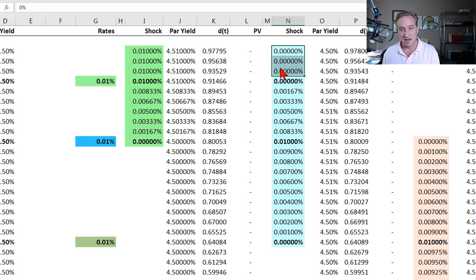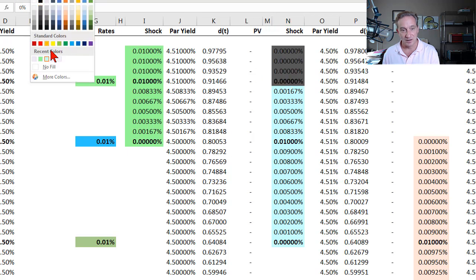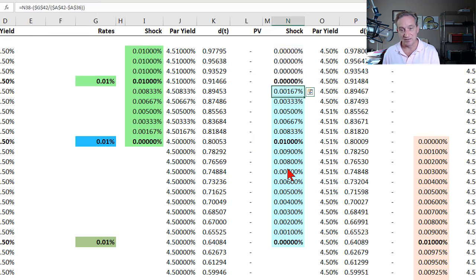So I've actually got a mistake in here. I'll uncolor that because I don't mean to. That's actually not part of the region. But this is part of the shocked region where you can see I am changing the par yield.